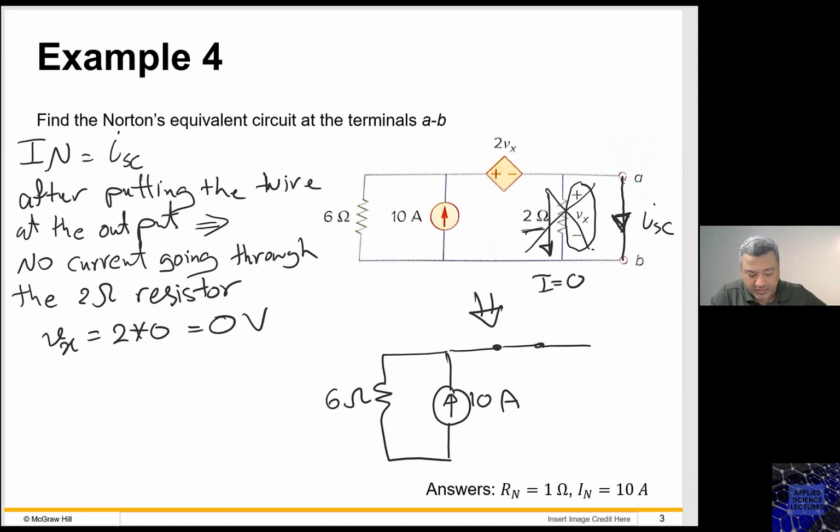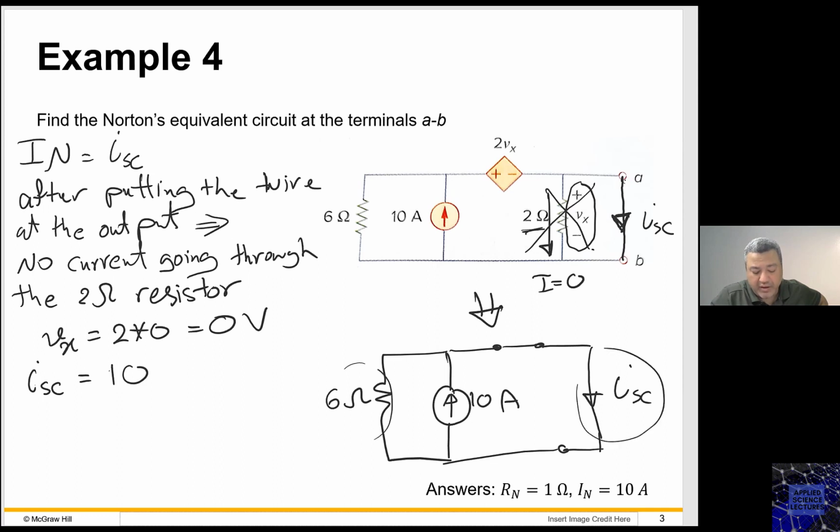And then the short circuit here, and I short circuit now is, can you tell me what is the I short circuit? 10 ampere, absolutely.